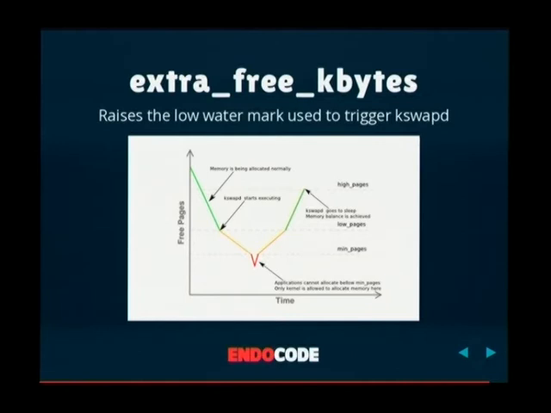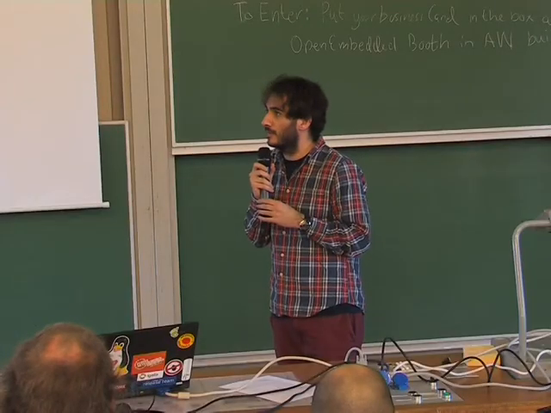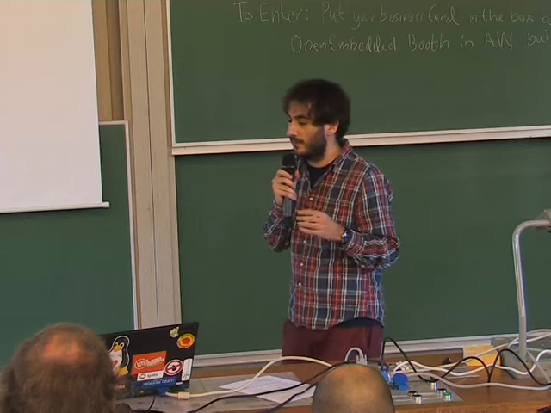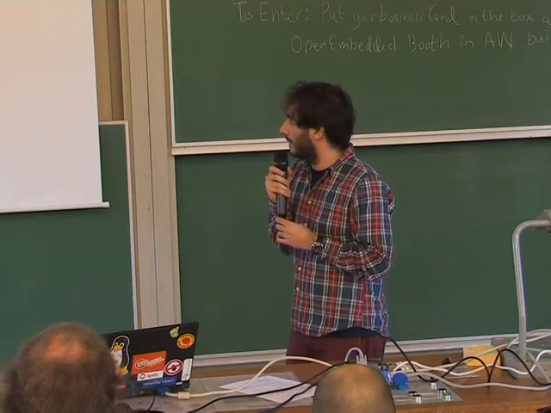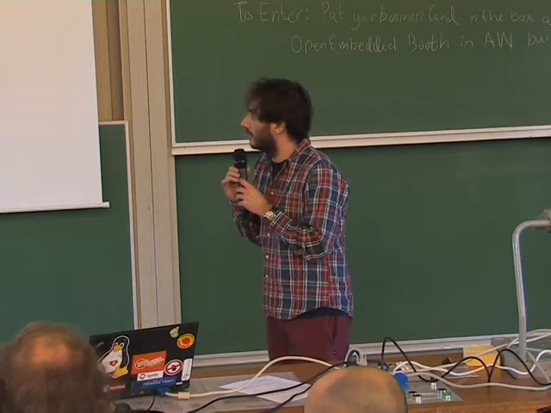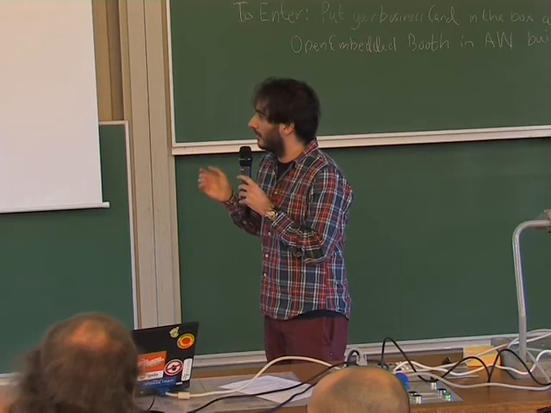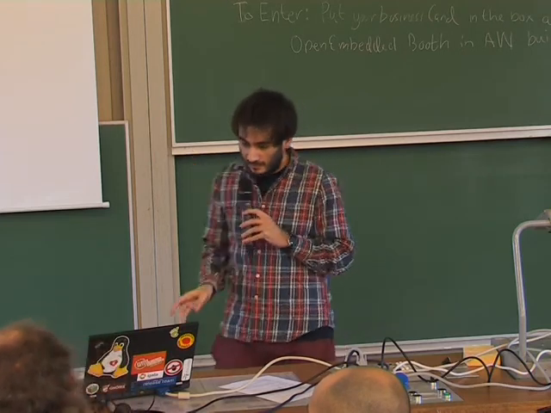Also, kswapd has more time to free pages. So in KitKat it's set to 3 times a screen with full resolution and full color. So they do that in order to avoid entering this mode. It's called direct reclaim.